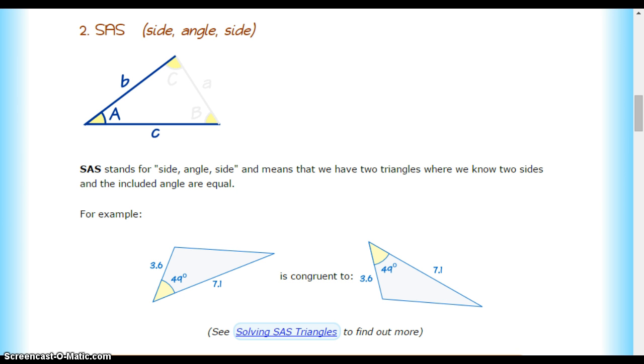The next way that we could use to draw congruent triangles is SAS. So the next way I want to talk about is the SAS way. SAS stands for side angle side. It means that we have two triangles where we know two sides and the included angle are equal.